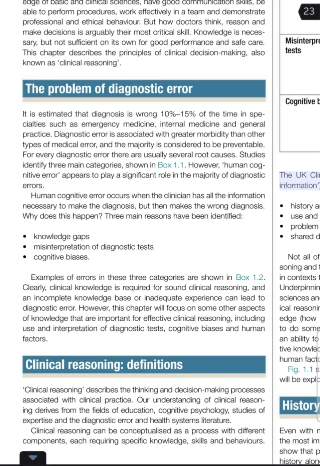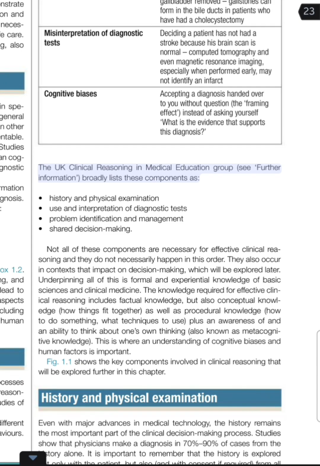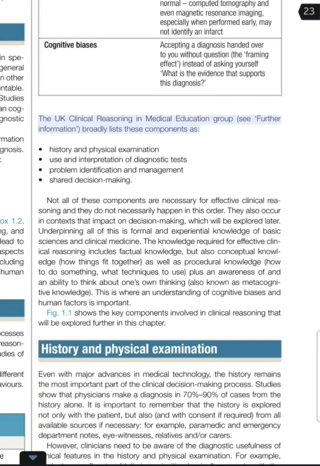The UK Clinical Reasoning in Medical Education Group, see further information, broadly lists these components as history and physical examination, use and interpretation of diagnostic tests, problem identification and management, and shared decision making. Not all of these components are necessary for effective clinical reasoning, and they do not necessarily happen in this order. They also occur in contexts that impact on decision making, which will be explored later.